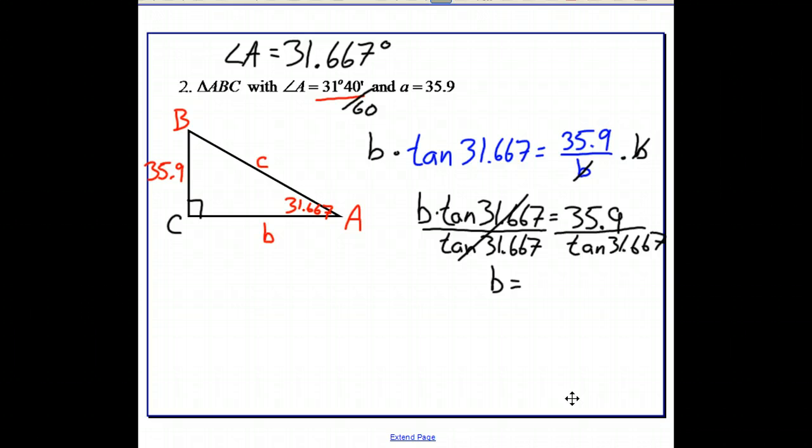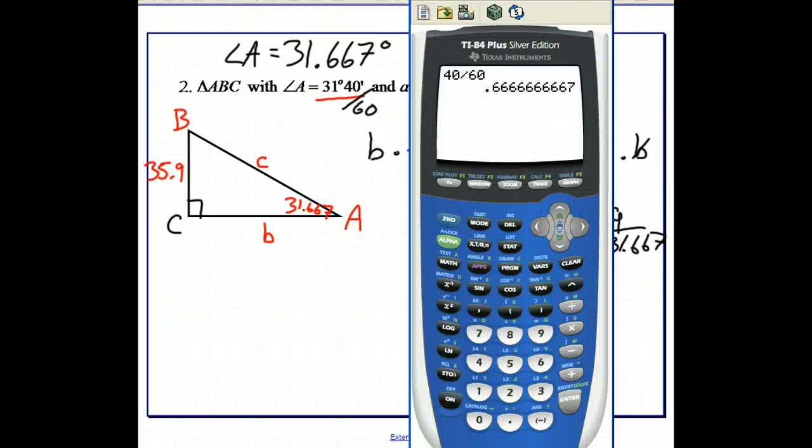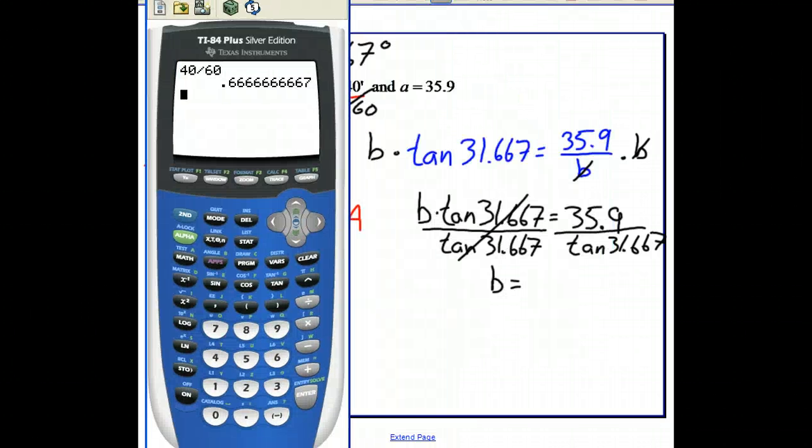Well, let's go back to the calculator. So we've got 35.9 divided by the tangent of 31.667. And we get 58.202.